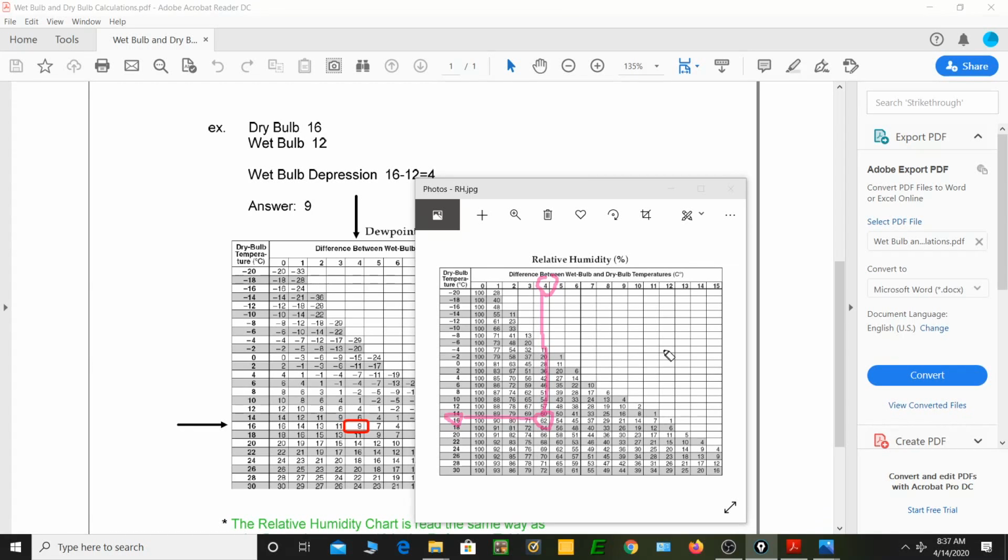As the air temperature changes, the percentage changes. Okay, so this is dew point over here, this is relative humidity. The reason why there's no numbers up here is because these conditions don't exist in nature. All right, so hopefully that made sense, and we'll do some practice calculations.